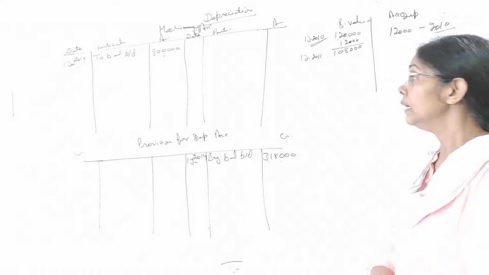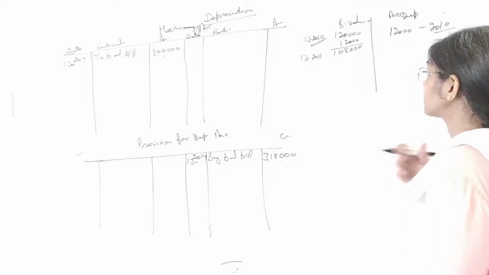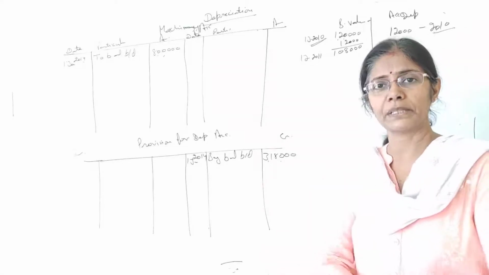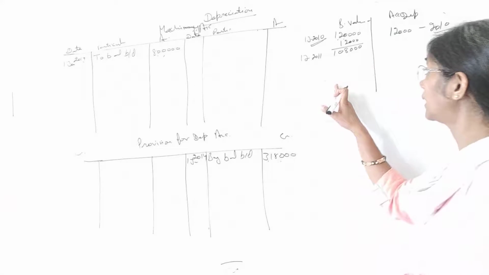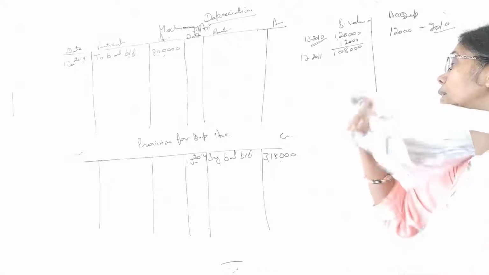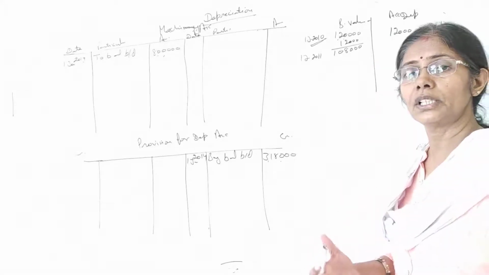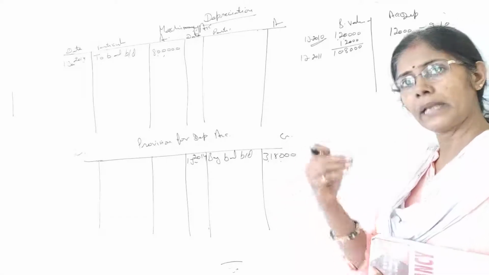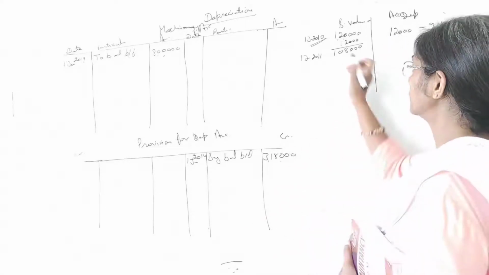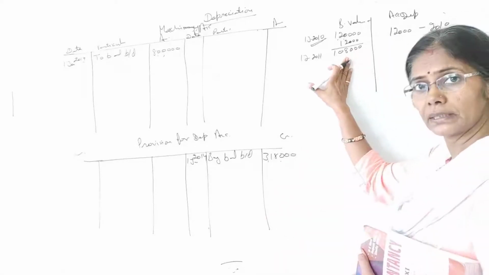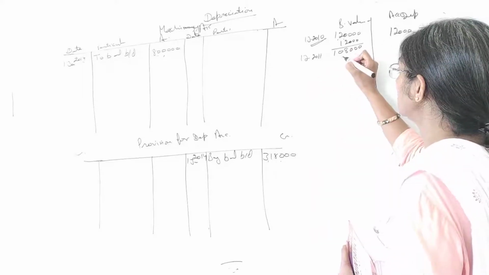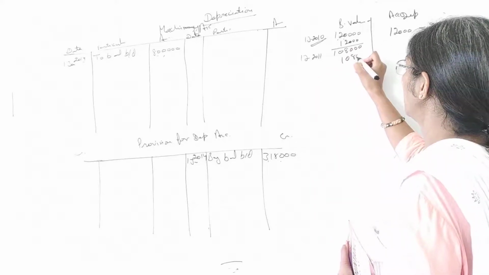Fine, next year. Now you have to provide depreciation again. Next year has started and end of this year is on 31st December. Each year, the year ends on 31st December. So it ends and depreciation will be charged at the rate of 10%. So the 10% is 10,800.